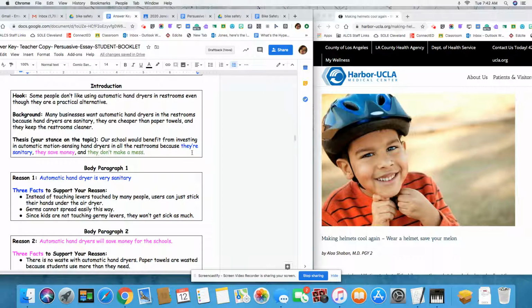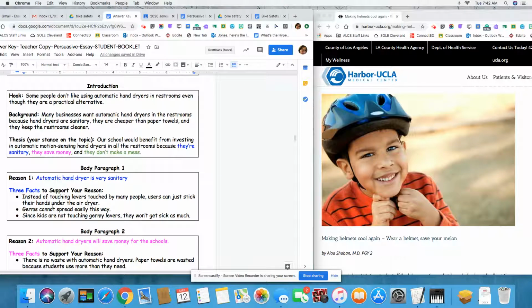Okay, so the first reason that we gave in our thesis was they're sanitary. So reason number 1 in our graphic organizer, we'll need to say automatic hand dryer is very sanitary. Now we have to give 3 facts to support our reason, all right?